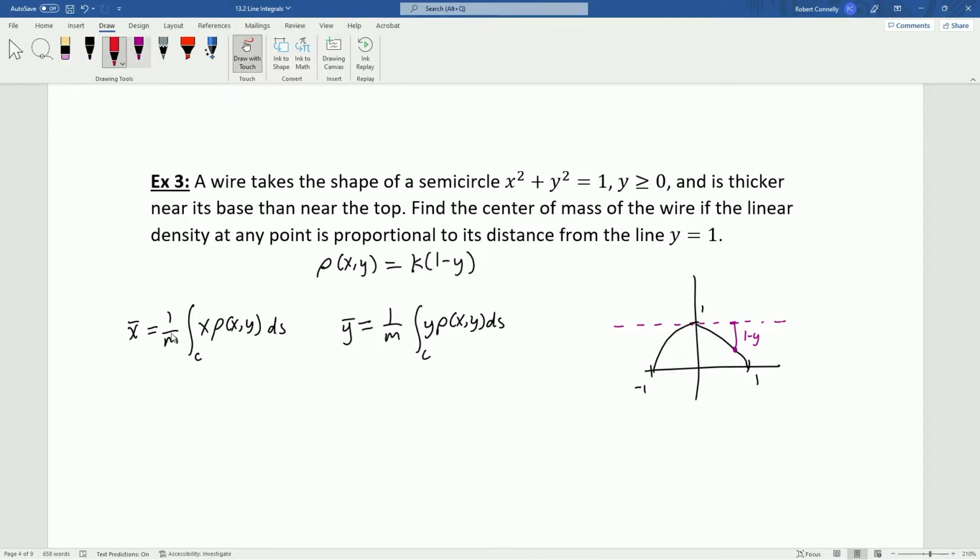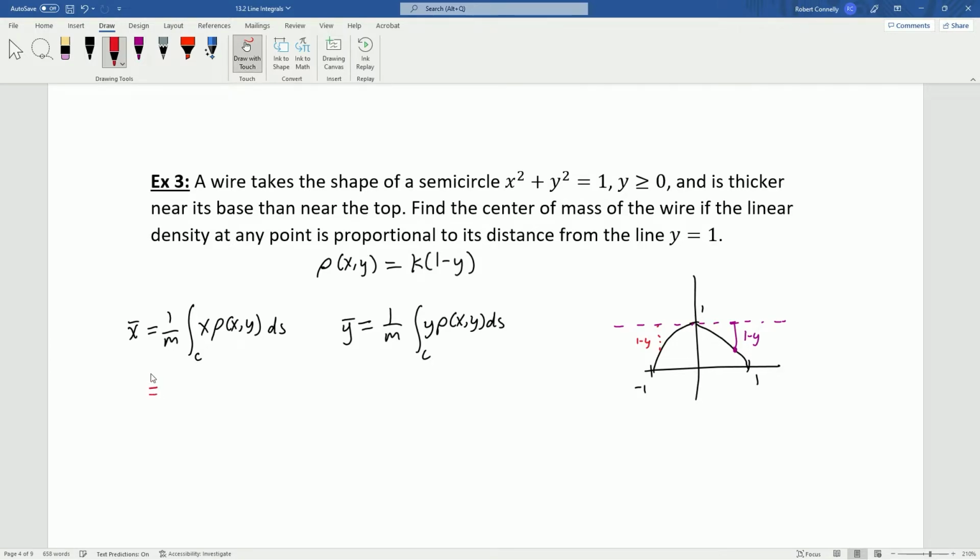But we can save ourselves some trouble, because since the density here is going to be the same regardless of which side of the y-axis you're on, we see that the symmetry of this problem is going to guarantee that our x-coordinate for our center of mass is on the y-axis.